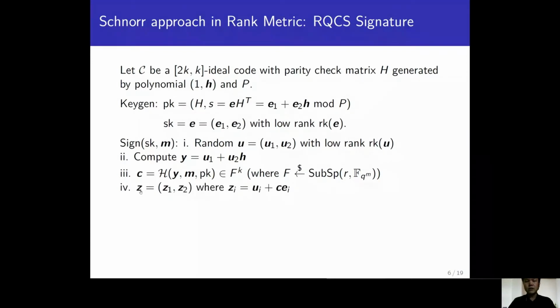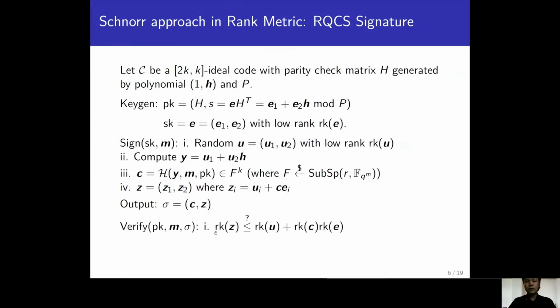Finally we send out the signature Z, where each Z_i equals U_i plus C multiplied by E_i. These are all polynomials modulo P, sorry, modulo P. So finally, we send out the signature sigma, which equals (C, Z).